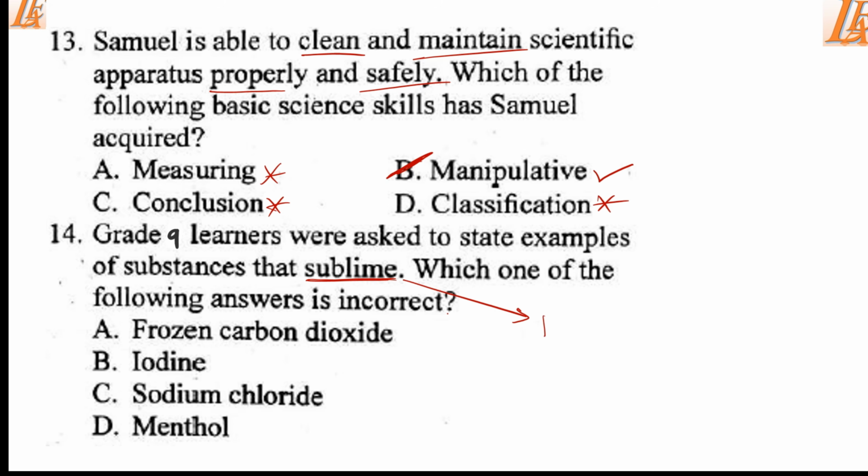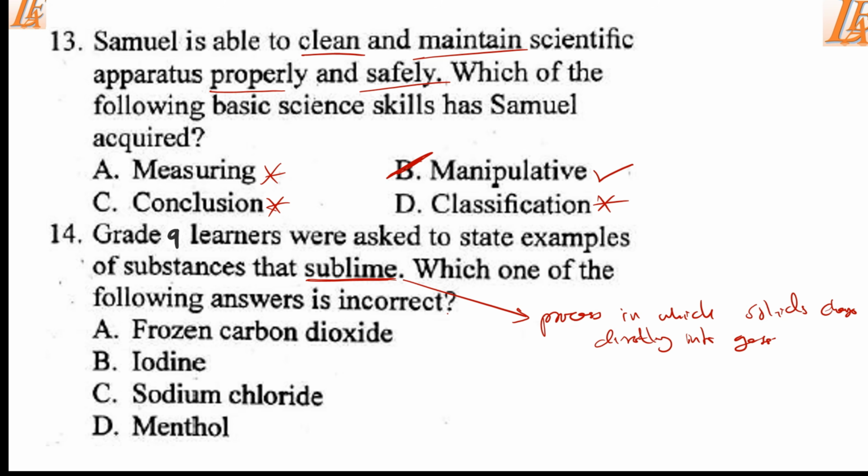Sublimation is a process in which solids change directly into gases. And the opposite of the word sublimation is deposition. So in this case, learners were told to identify substances which undergo sublimation, where you have a solid changing directly to a gas. So in this case, they began with frozen carbon dioxide.